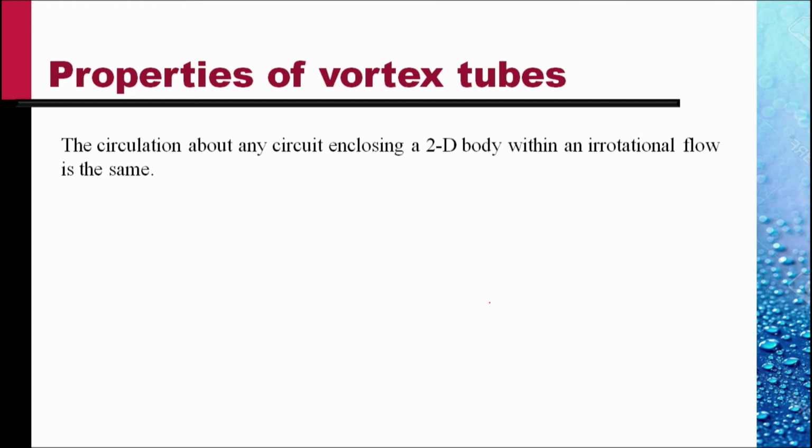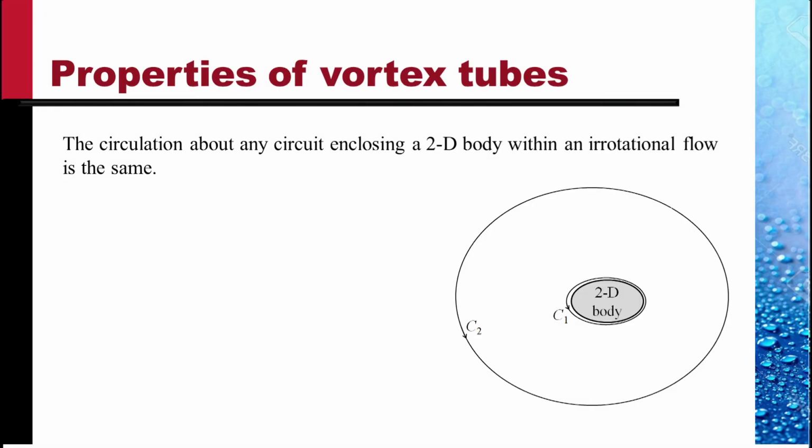Another property: the circulation about any circuit enclosing a 2D body within an irrotational flow is the same. This is easy to show. Consider a 2D body and two circuits C1 and C2.